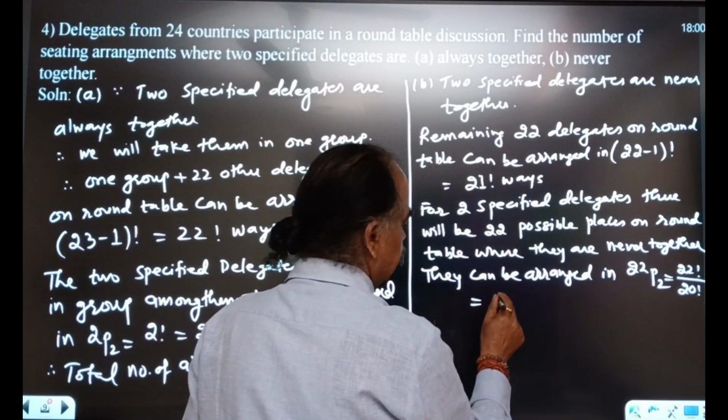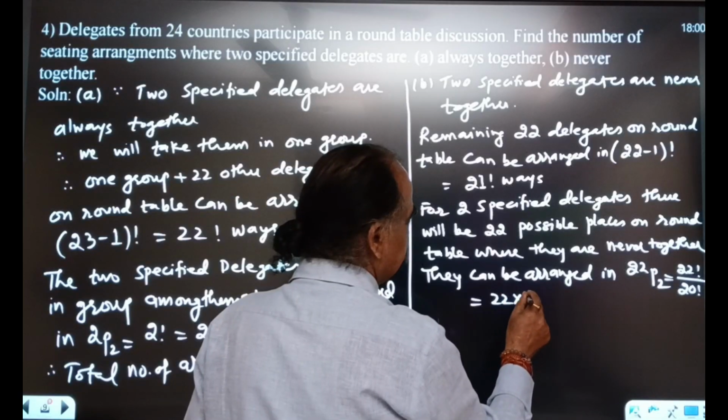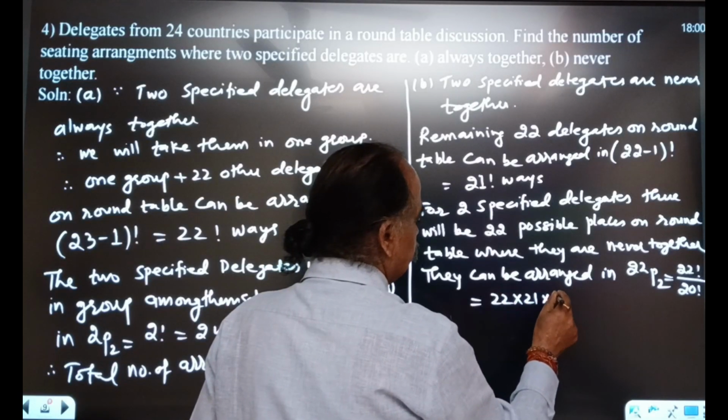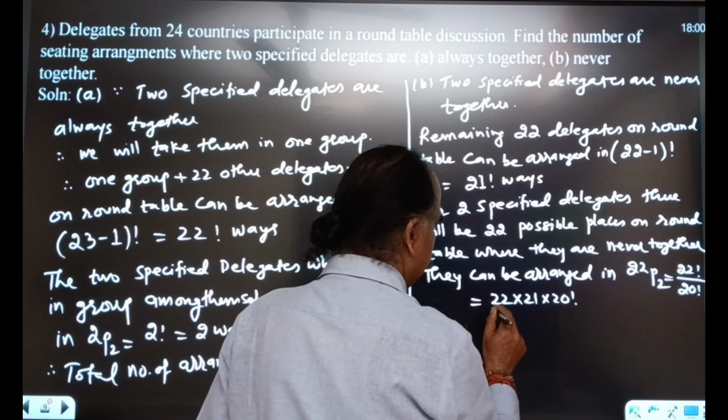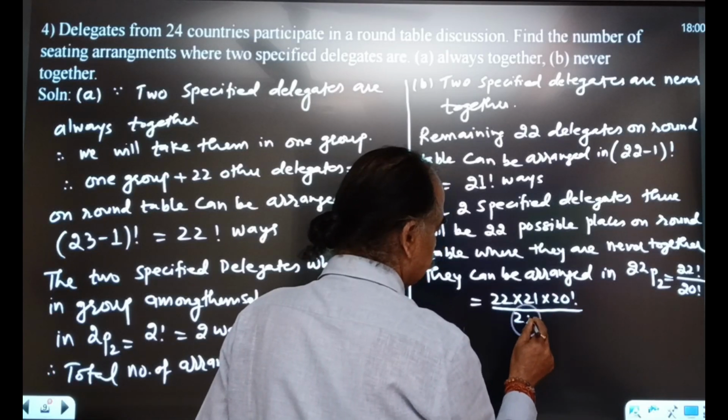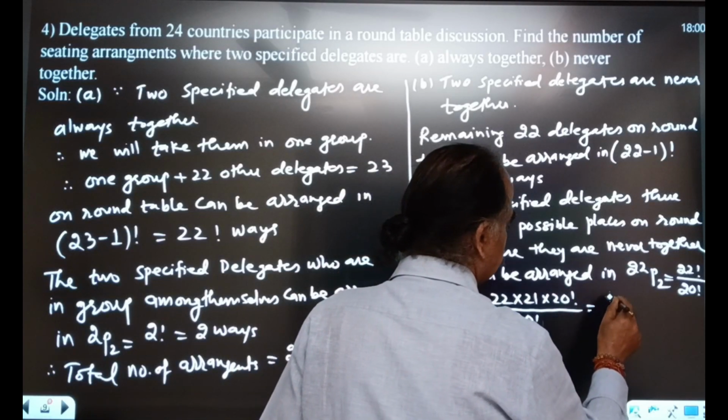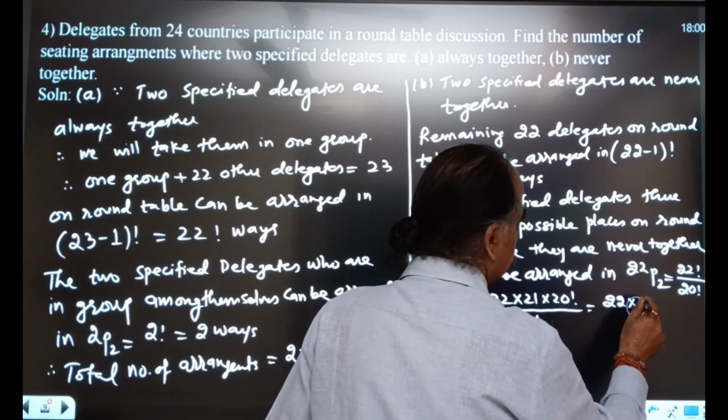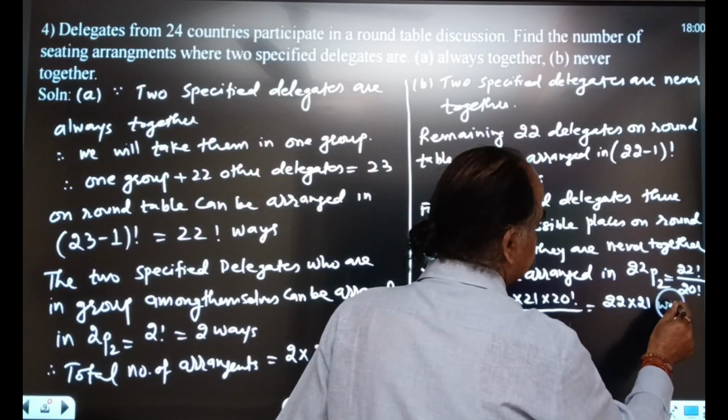Which is 22 into 21 into 20 factorial upon 20 factorial, which is 22 into 21 ways.